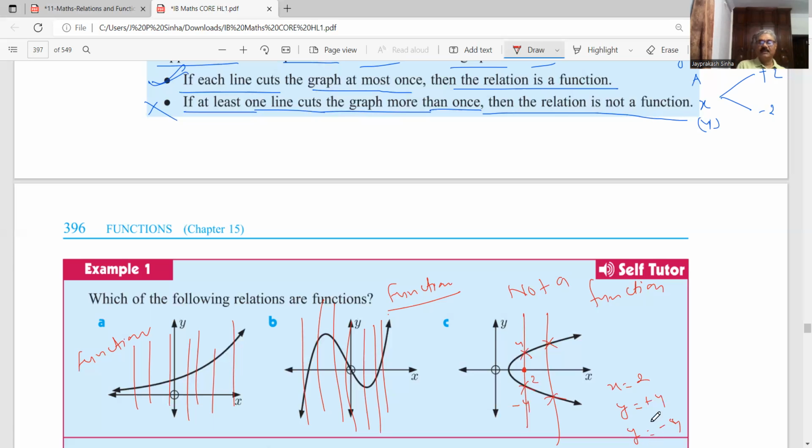It's an example. So you are getting two values. It means for x equal to 2, you are not getting a unique image. For y, you are getting two images. So that is why it is not satisfying as a function. So this is not a function.